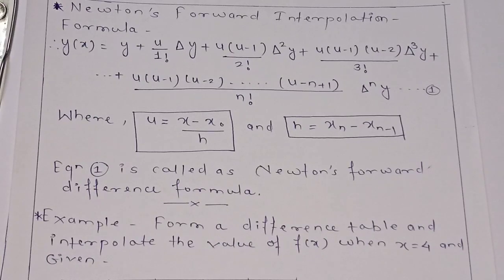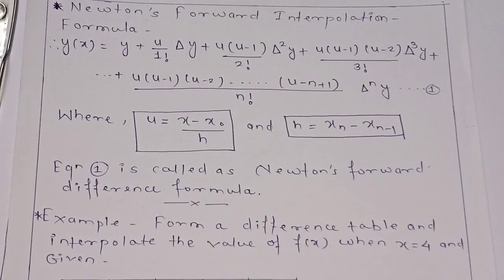Third, Lagrangian interpolation. If the values of x are equidistant, that is, their difference is the same, then we use forward or backward interpolation, while for unequal differences between x values, we use Lagrangian interpolation.